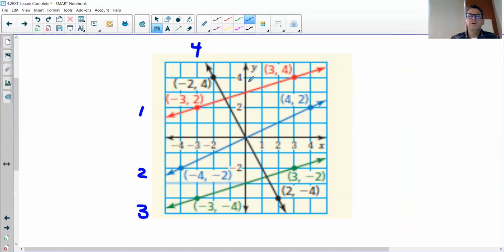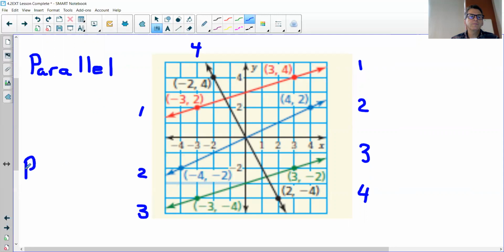If I find the slope of all of these lines, I can tell which 2 are parallel and which 2 are perpendicular.